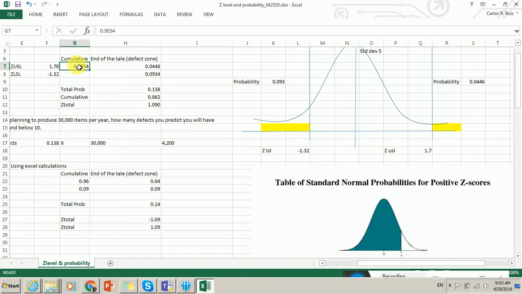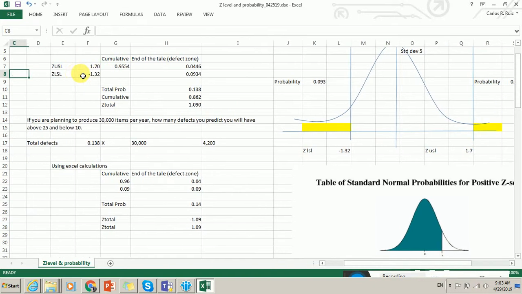To calculate this defect area, I know that the complete area under the curve is 1. So I just do 1 minus that area, and that gives me 0.0446. What I found is the probability of defect, which is this yellow area that I'm highlighting here.